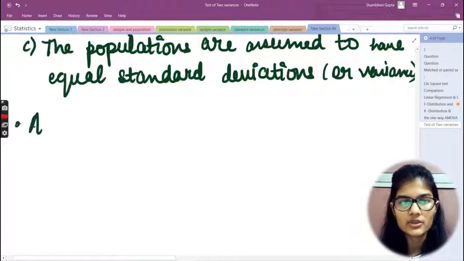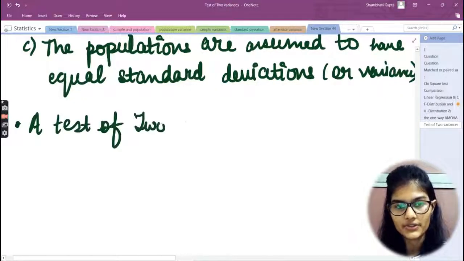Now the next topic was the test of two variances.